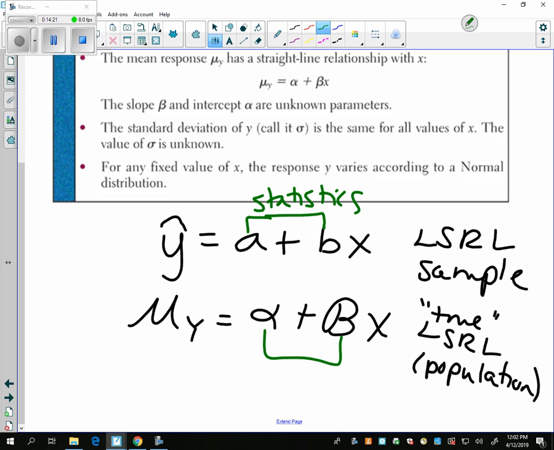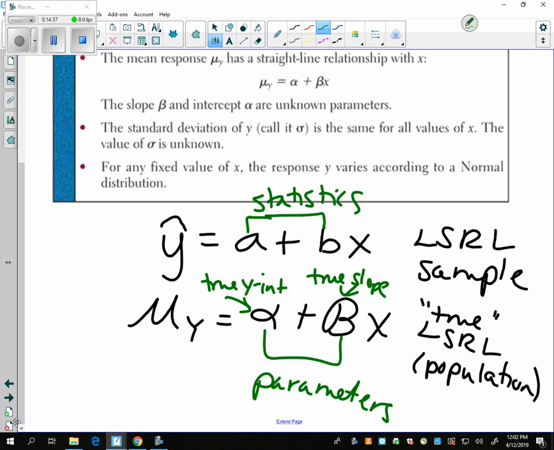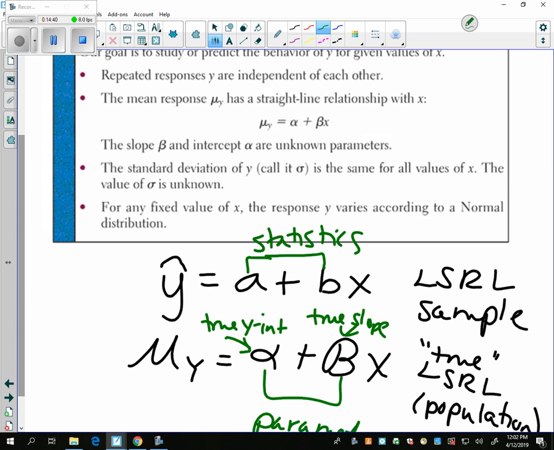And then here, your alpha and your beta would be not statistics, but parameters. Excellent. So this would represent the true slope, and this would be the true y-intercept. So we're trying to figure that out.